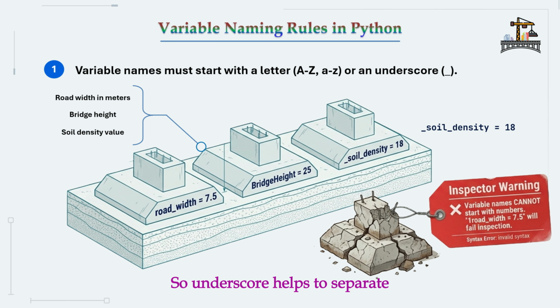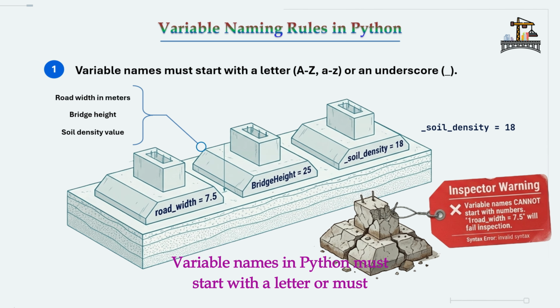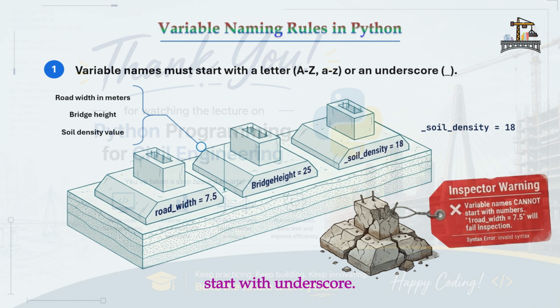So underscore helps to separate words clearly to represent the proper meaning. So let us revise rule number 1 once again. Variable names in Python must start with a letter or must start with an underscore.